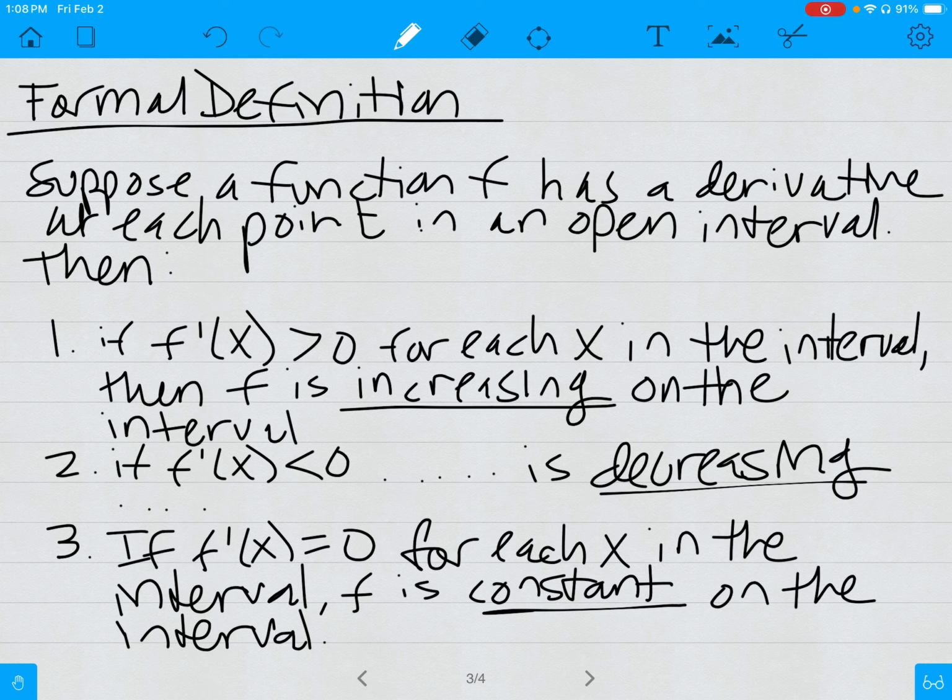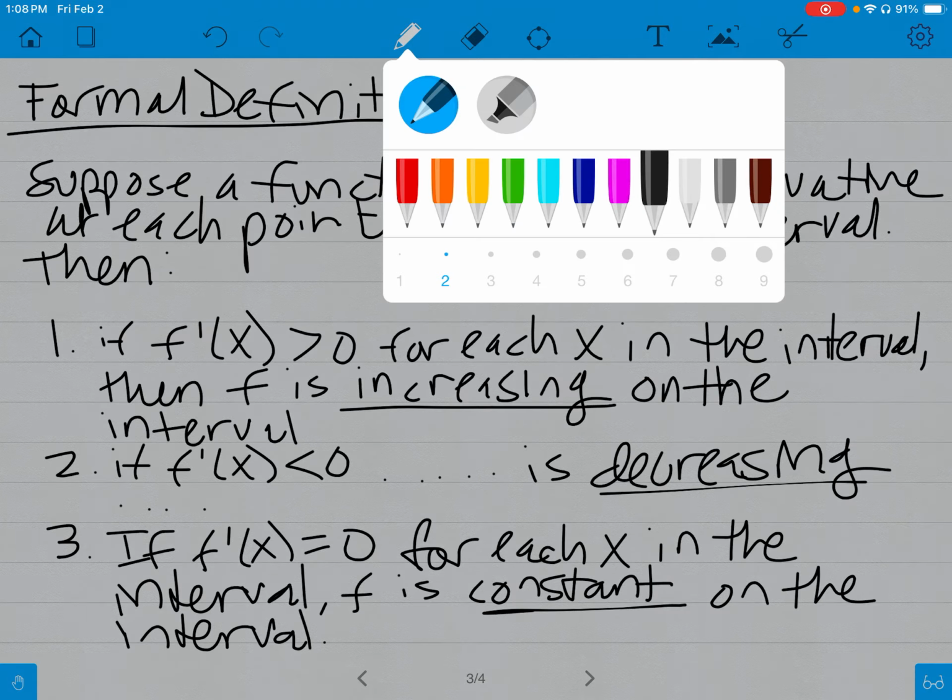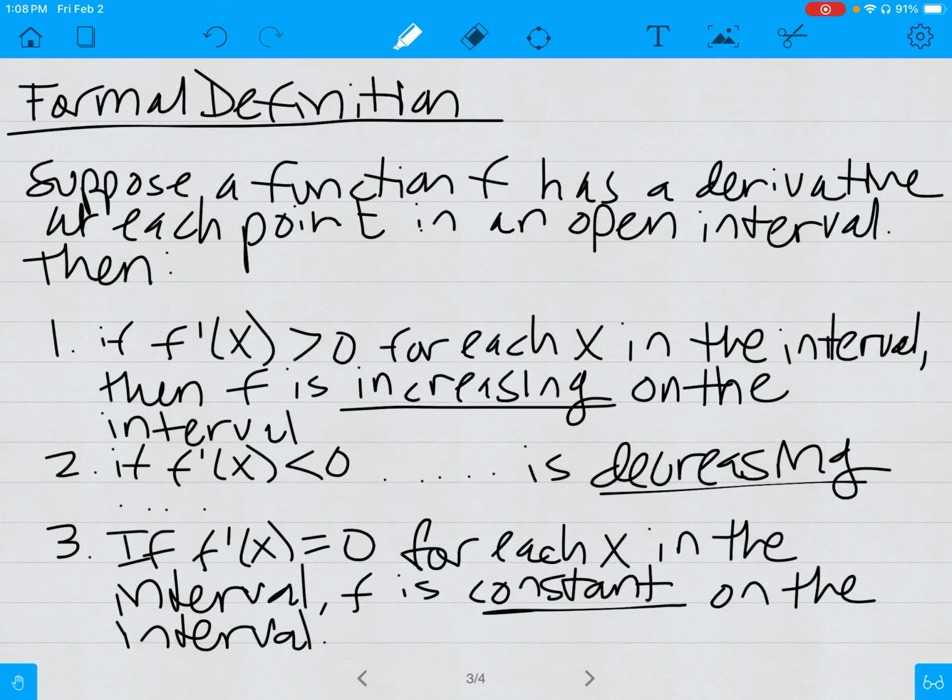Okay, so this is essentially just saying formally the same thing that we said when we looked at the graph. Because remember that these f prime of x's, when we see those, that's talking about the slope of the tangent line. So if the slope of the tangent line is greater than 0, or if it's positive for each x in the interval, then f is increasing.